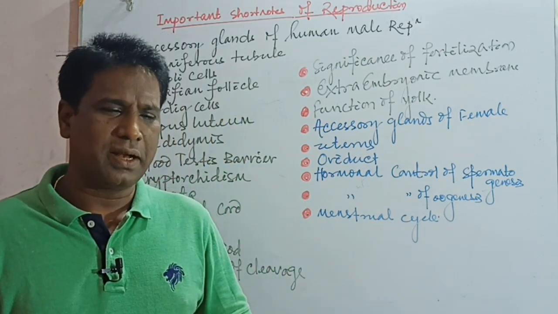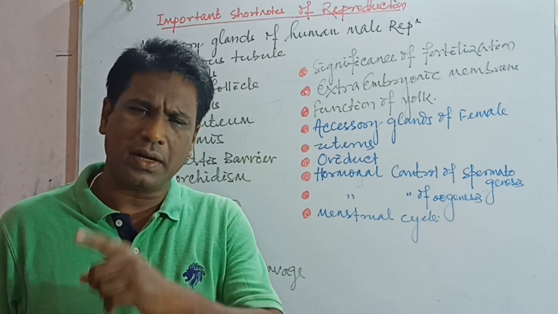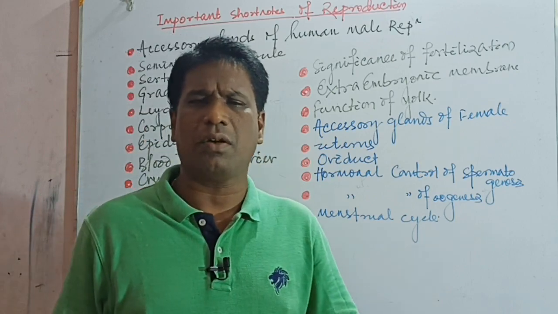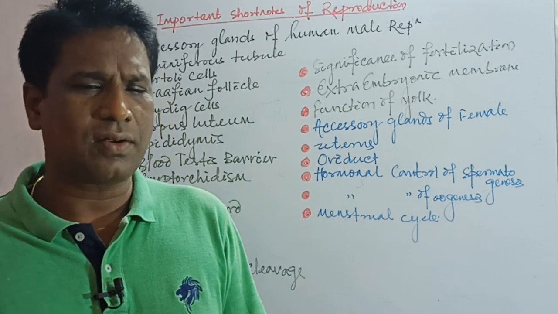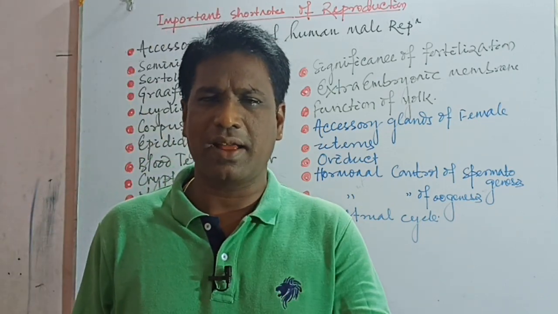The Graafian follicle encloses the secondary oocyte, and it is a structure covered by an outer membrane called the tunica externa.